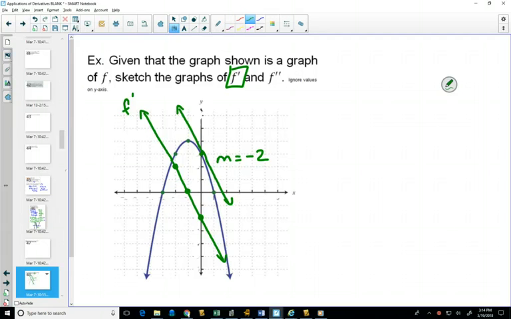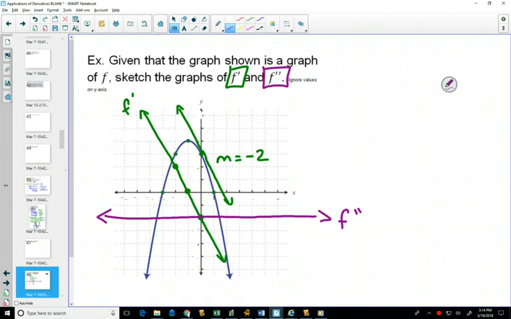And now that I have the graph of my derivative, it being a straight line whose slope is always constant at -2, then my f double prime would be a horizontal line, always at the same value, because my derivative graph has the same slope every time.